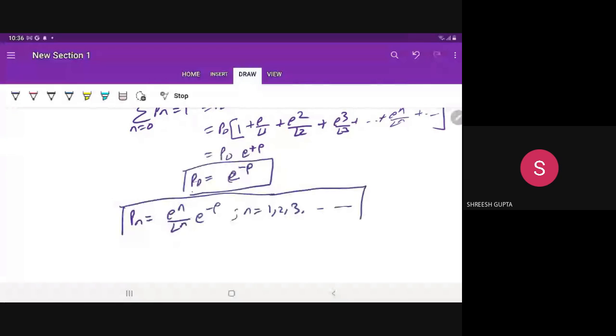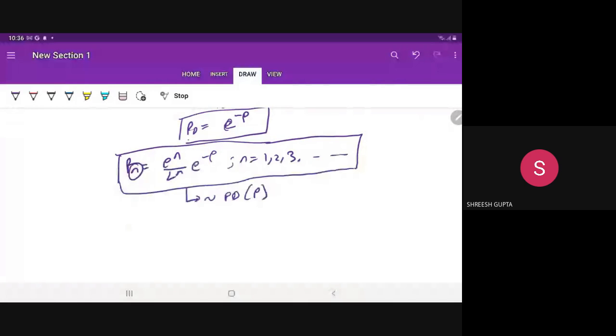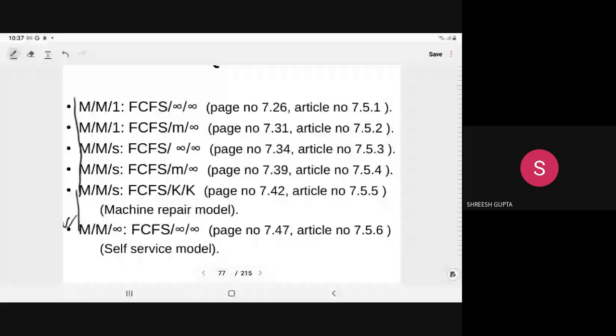So here you can say that the state of the system follows the Poisson distribution with parameter rho.